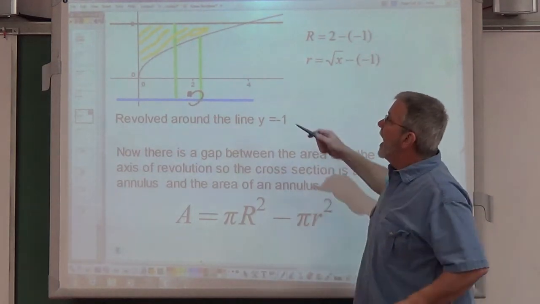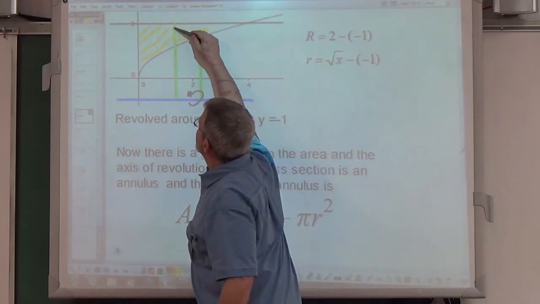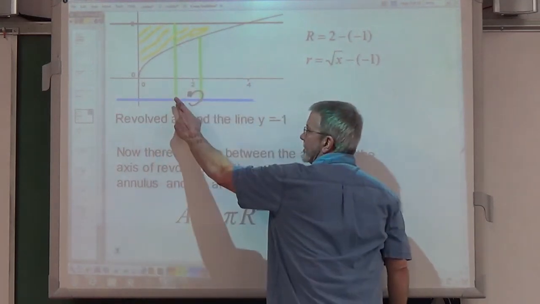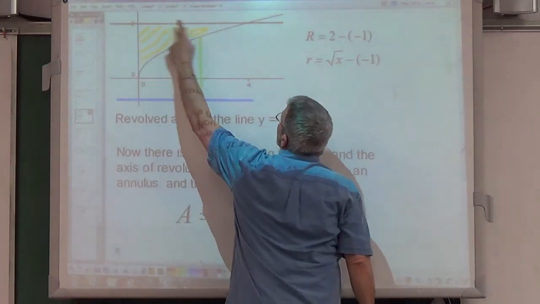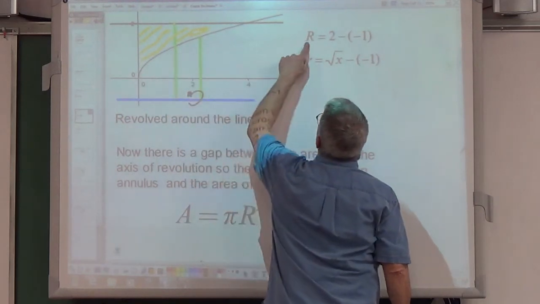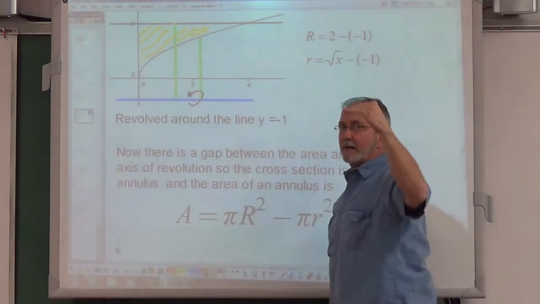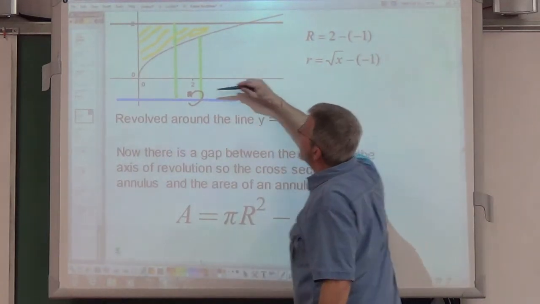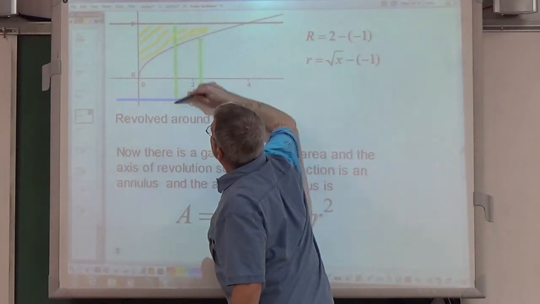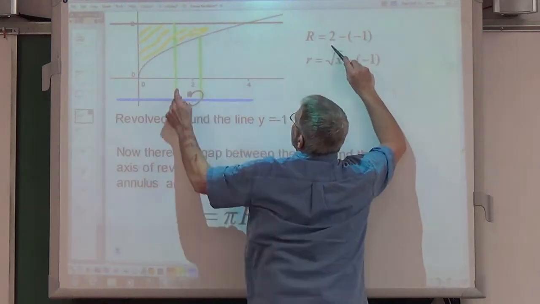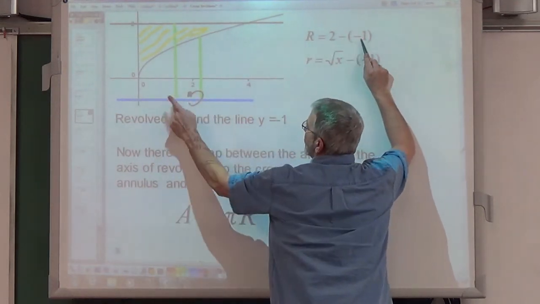What I need to do is find these vertical distances. This is big R. You start at your center of revolution, you go to the farthest portion of the region, that's going to be big R. In this case, vertical distance is always top minus bottom. So this time, big R is going to be 2 minus -1, which is the bottom.